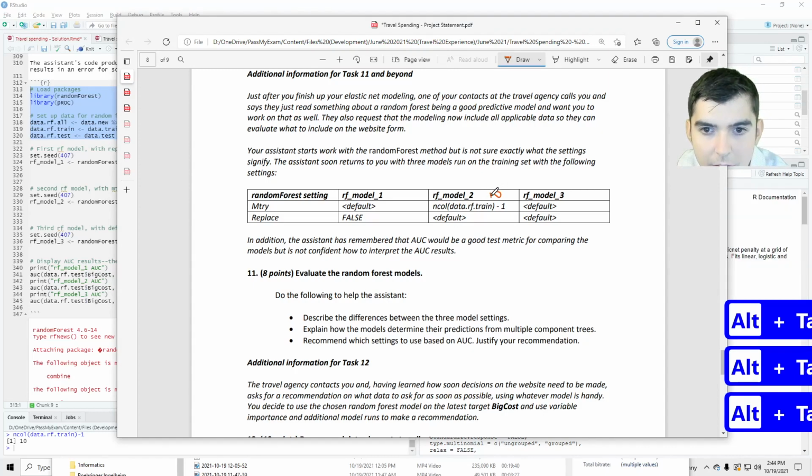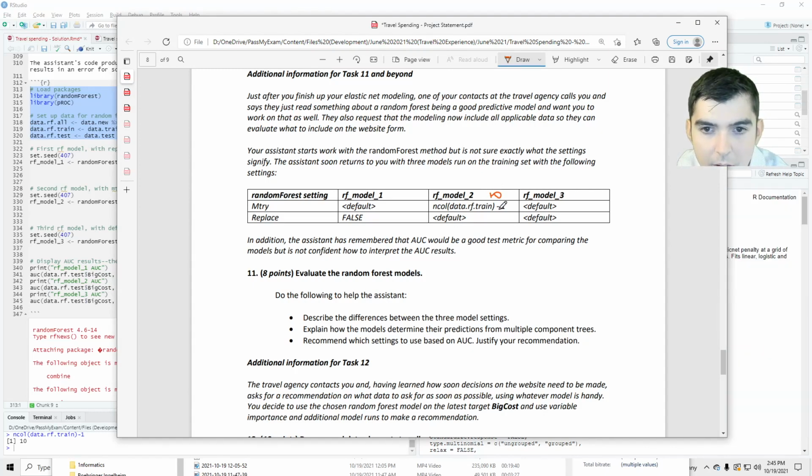So I know that that's 10. And then these other settings, like mtry is the default 10 or default.